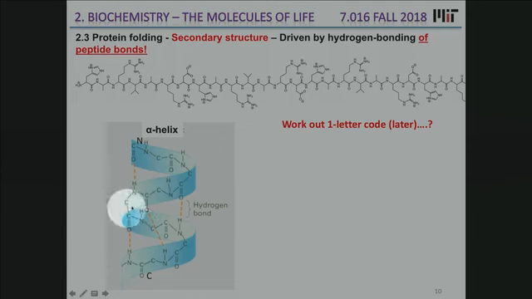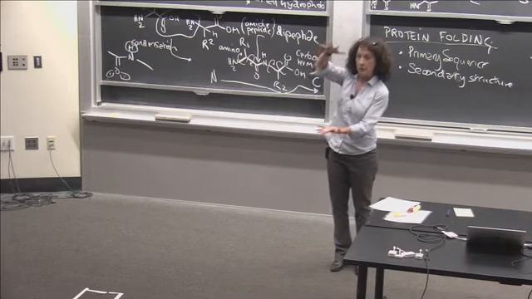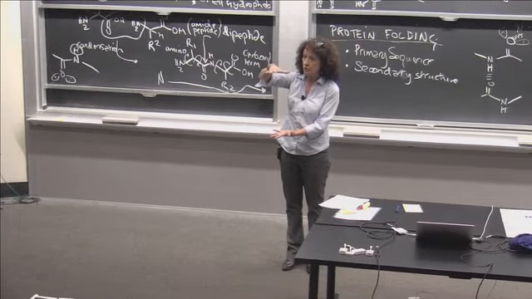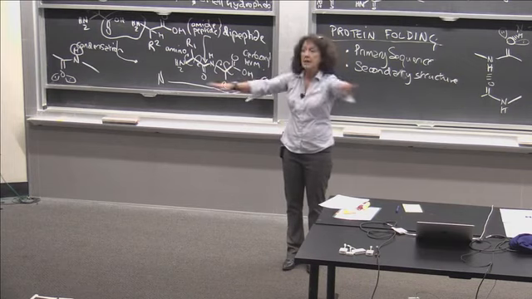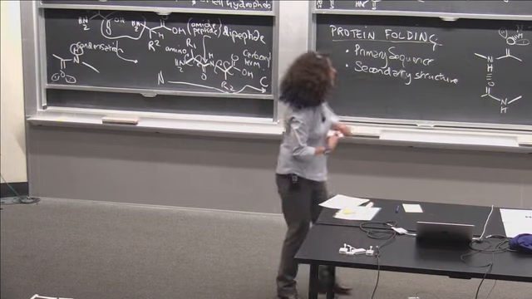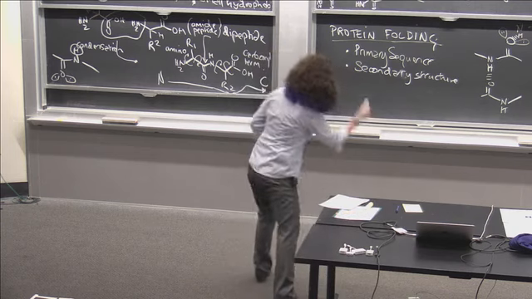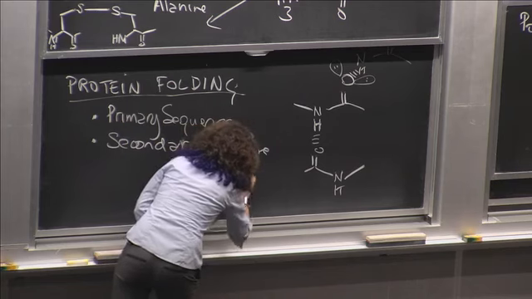It's a continuous strand of peptide, but there are hydrogen bonds between COs and NHs all the way through the backbone, such that this strand of polypeptide can fold up into a cylindrical helical structure where all those R groups, the side chains of the amino acids, are on the perimeter of that helix. So this secondary structure is an important one because it's very prevalent in a lot of proteins.